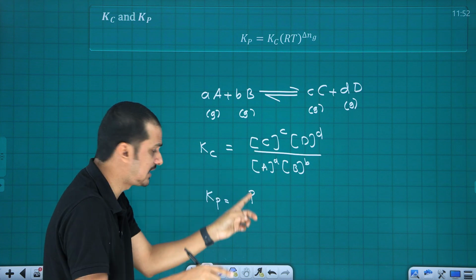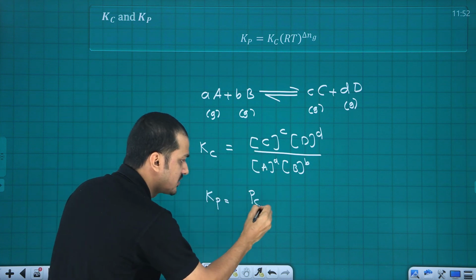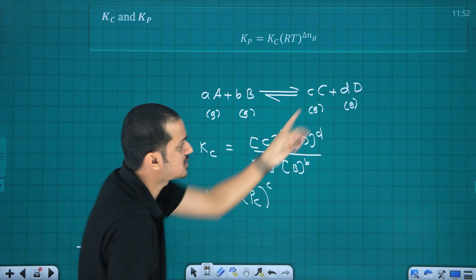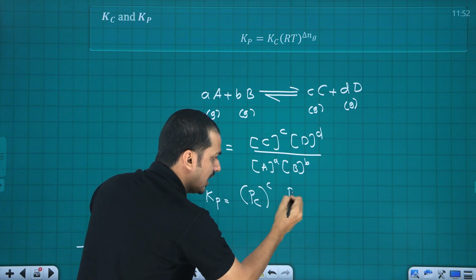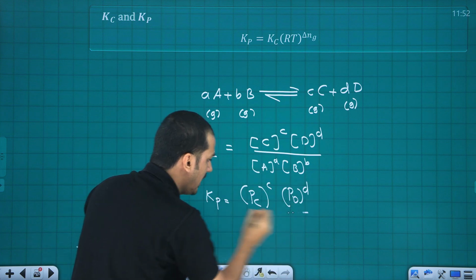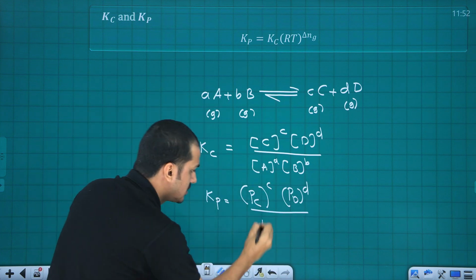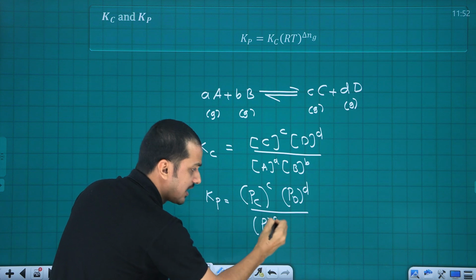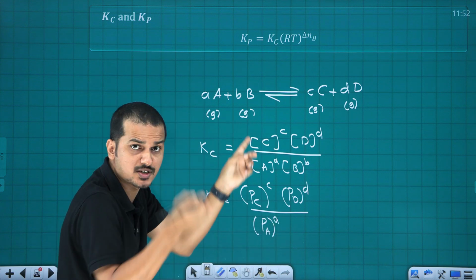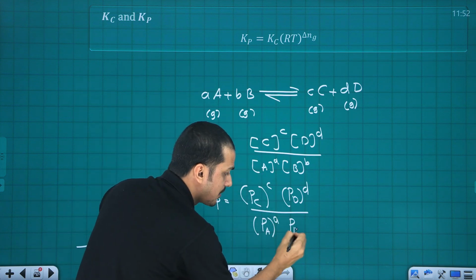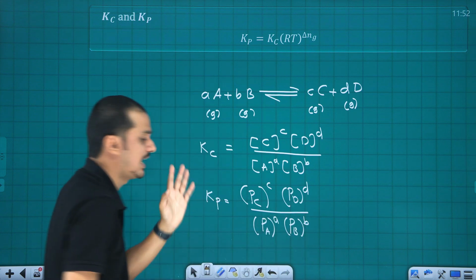Kp equals partial pressure of C raised to c into partial pressure of D raised to d, divided by partial pressure of A raised to a into partial pressure of B raised to b.